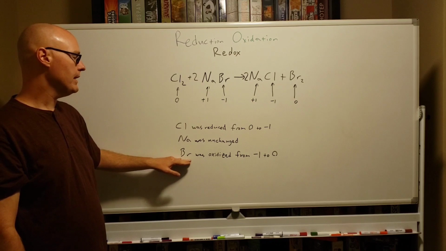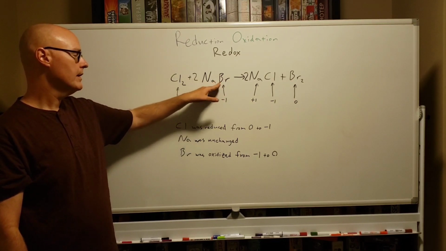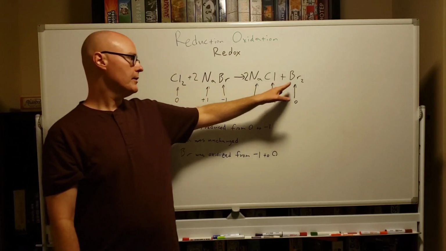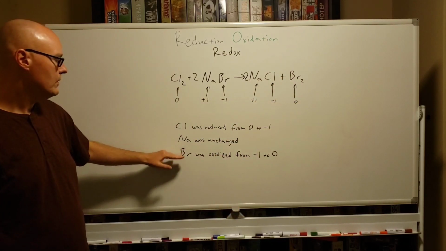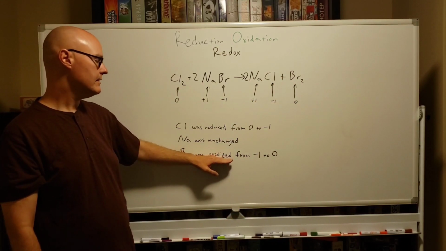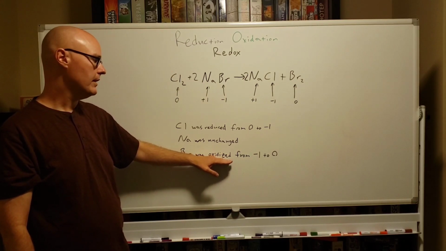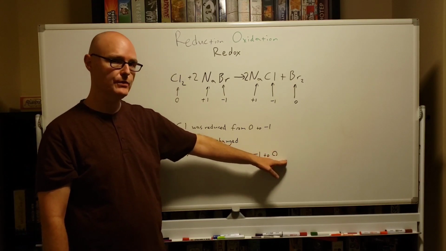And the bromine was oxidized. It went from having an extra electron to being neutral again. So it was oxidized. So it lost an electron to get us from -1 oxidation number to 0.